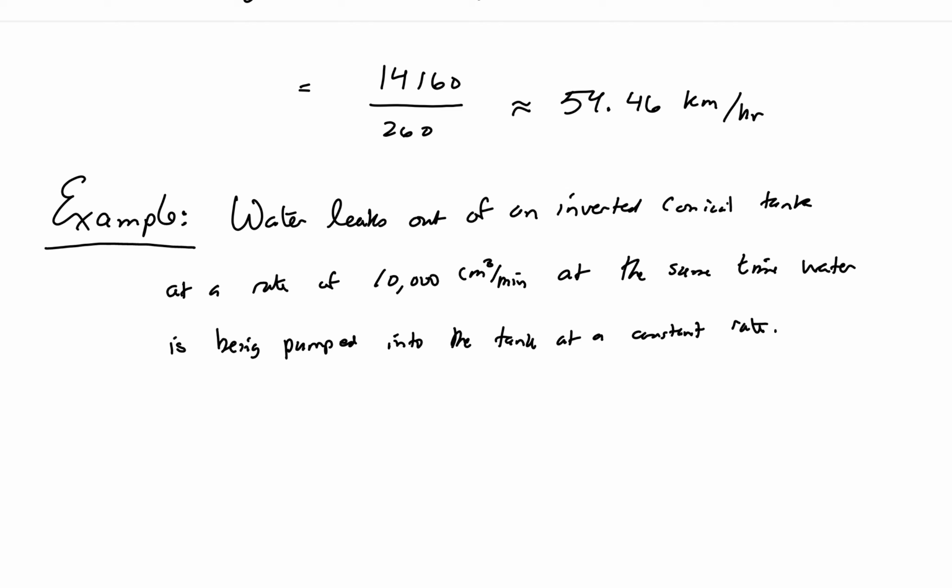Okay, so we have an inverted conical tank, basically an upside down cone. Water's leaking out at 10,000 centimeters cubed per minute, and at the same time water's being pumped into the tank at a constant rate.